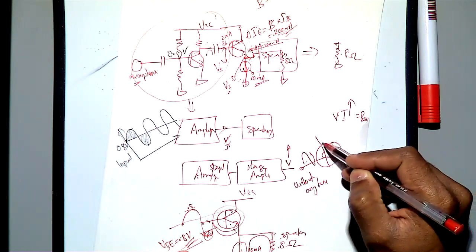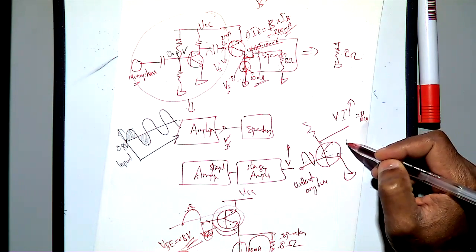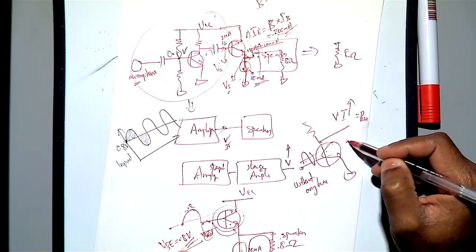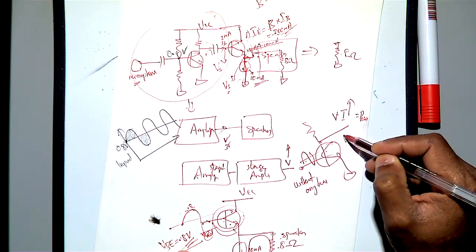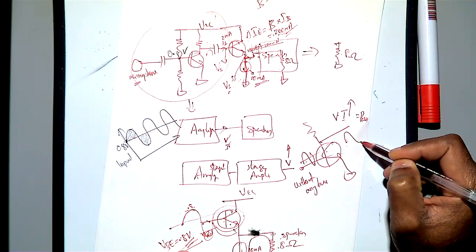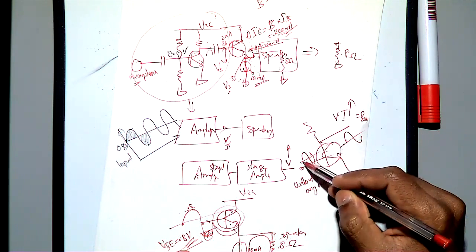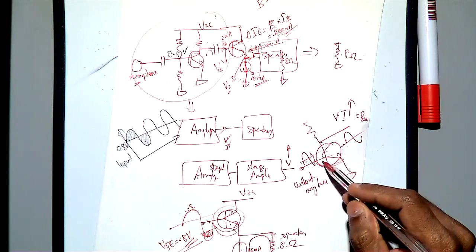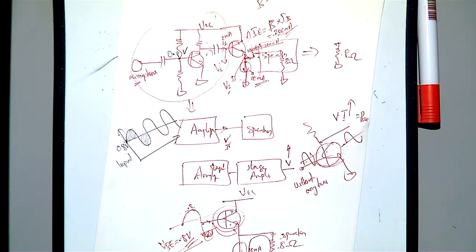Then your output will not get anything until 0.7 volt. When it crosses 0.7 volt, you get signal. When it falls below 0.7 volt, you don't get any signal, because you are directly connecting the signal to the base of the amplifier. If you don't have the bias, then only above VB you get the output.